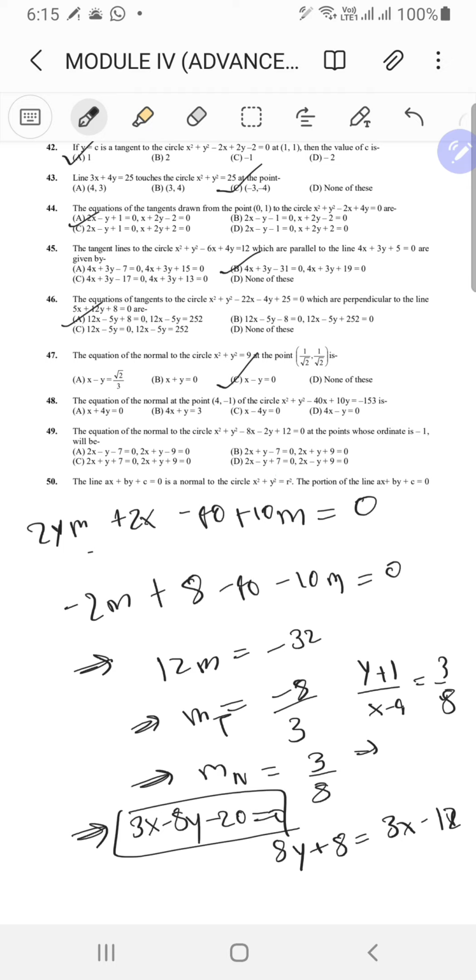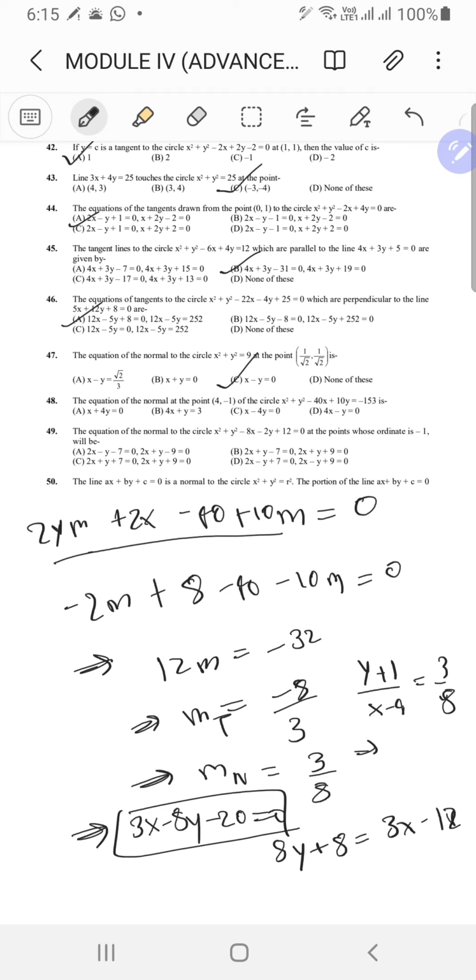Why does this keep happening to me? Am I doing anything wrong once again? So yeah, I differentiated, I got this equation, right? Yeah, that is definitely correct. Okay, and then I put 4 comma -1 into this equation.